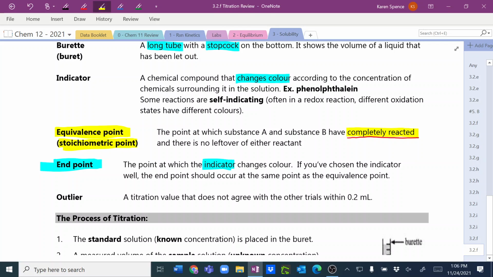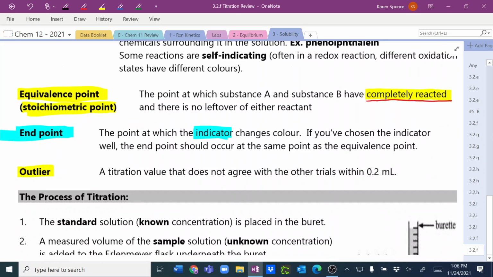An outlier. Are you guys familiar with outliers? Outliers are titration values that don't agree with the rest of the trials. So in any titration, just like the ones you did, how many trials did you do approximately? Somewhere between 4, 6, maybe if you had a larger group, right?